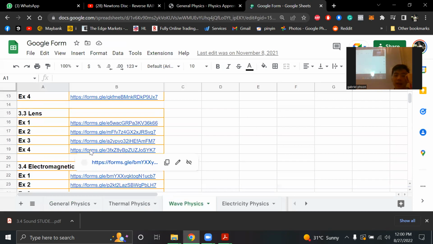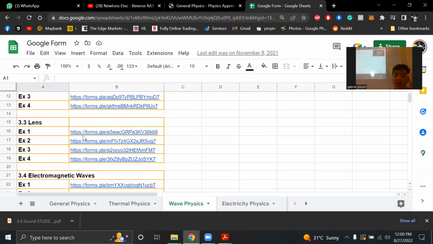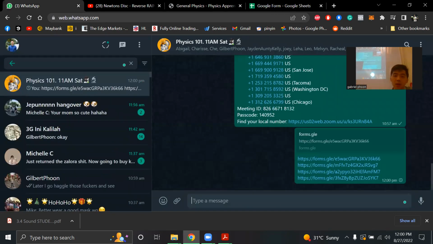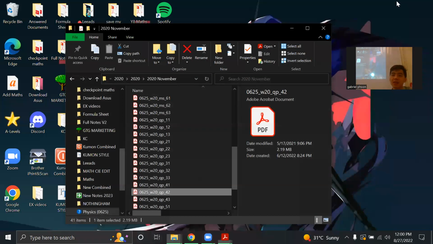Go to the lens exercises and do 4 of these, guys. I'll even take the time to copy paste the note here. Please access the files, do the exercises. It is a great way for you to enhance your understanding. And there's answers provided there as well, guys. So please do that before next class. Then we're going to move on to the next chapter.